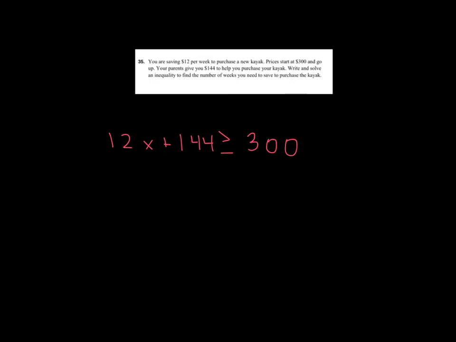So the opposite of adding 144 would be to subtract. So I'm going to do that on both sides. When I do that, positive and negative 144 cancel. And 300 minus 144 is 156. Then I bring down my 12x. The opposite of multiplying by 12 is dividing by 12.